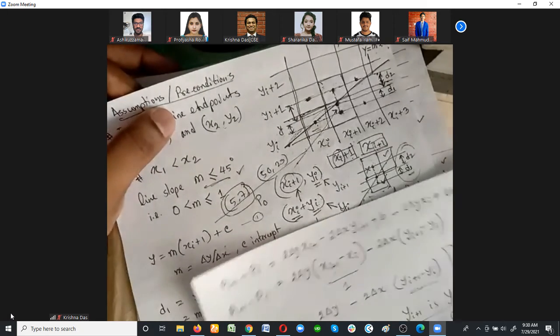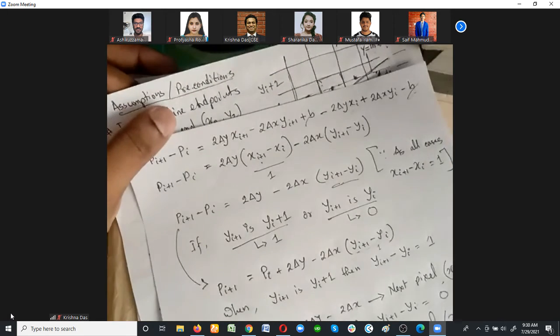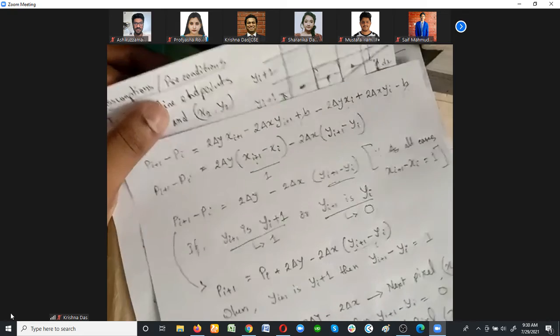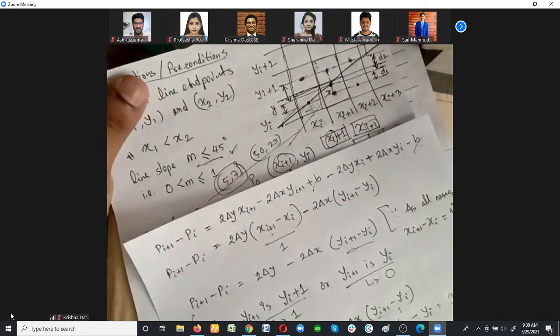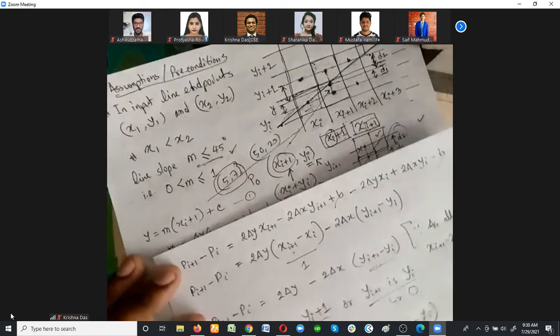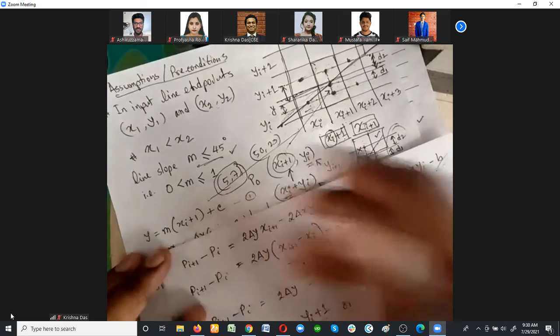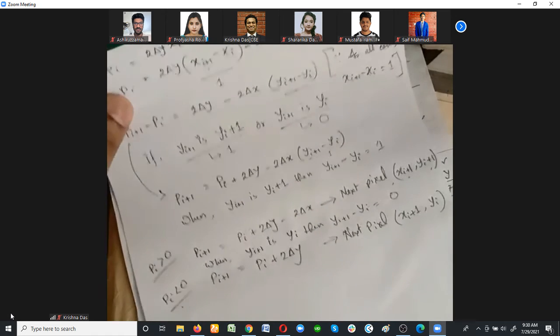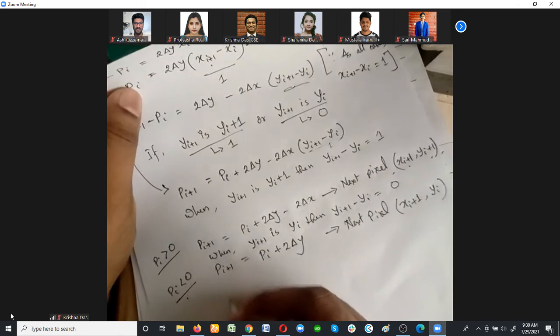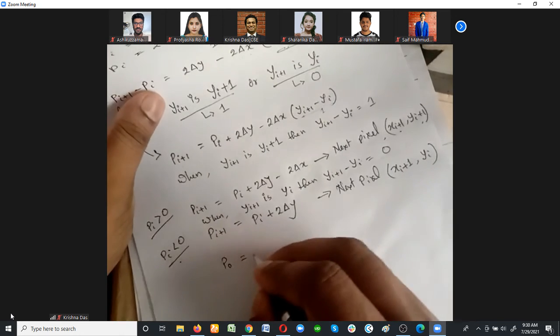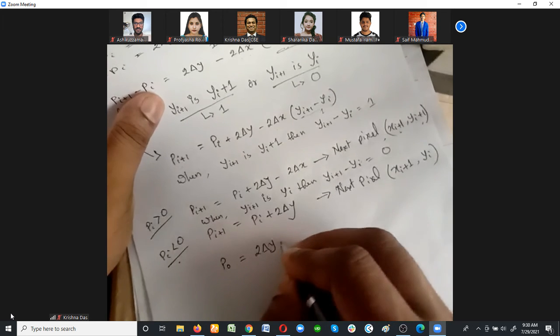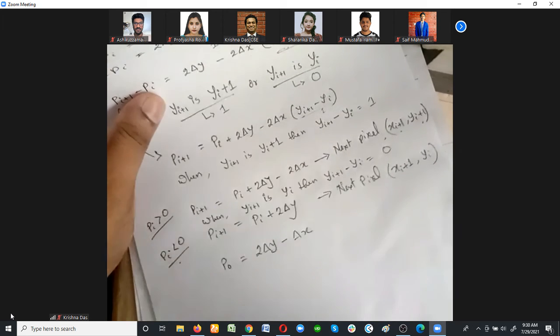Okay, that p naught, I was coming to that point. I'm not going to do all the calculation because that is another long calculation, but p naught also has a formula. Okay, Ram. So that p naught, the initial decision parameter, has a formula equal to 2 del y minus del x.